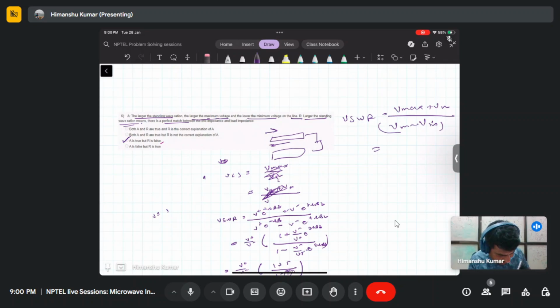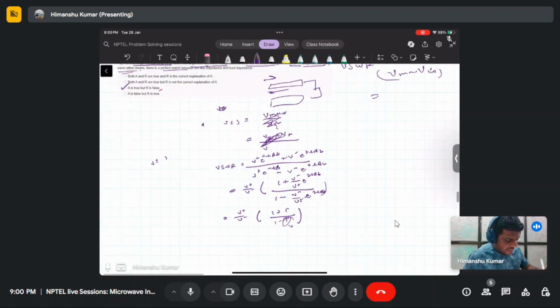And larger the standing wave ratio means there is a perfect matching between the source impedance and load impedance. Standing wave ratio, if you calculate, VSWR equals V plus by V minus, which is 1 plus gamma divided by 1 minus gamma.